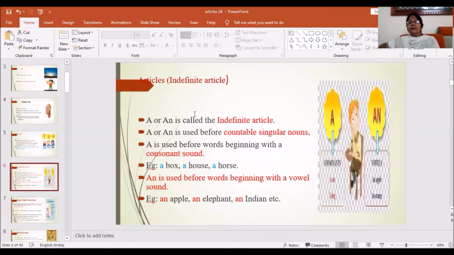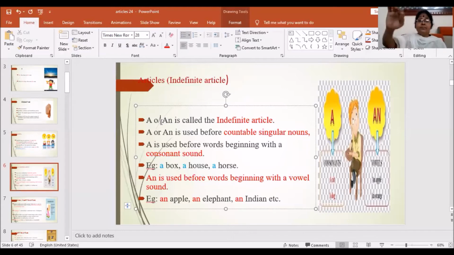Now let us start with indefinite articles. We know that a and an are called the indefinite article, right?